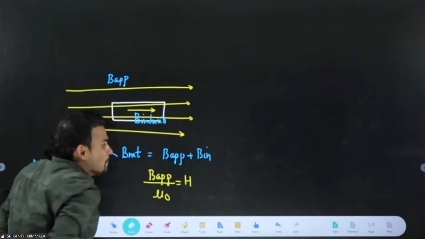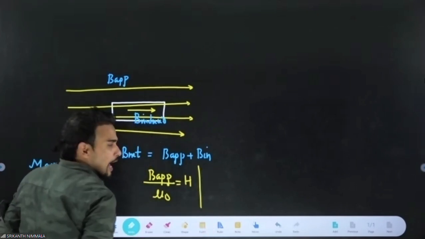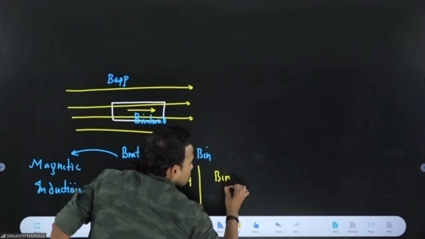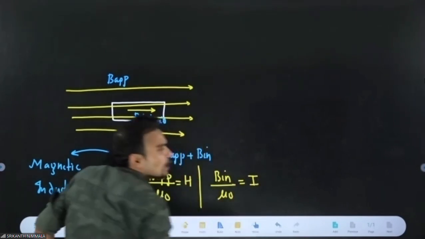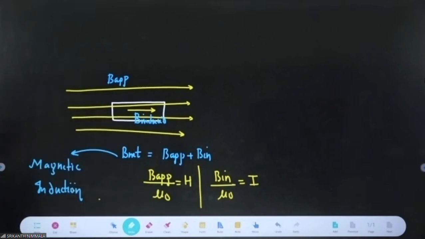And B induced by mu naught is known as I. First write this, come on. Associated with applied field per unit permeability is H. Induced field per unit permeability is I.